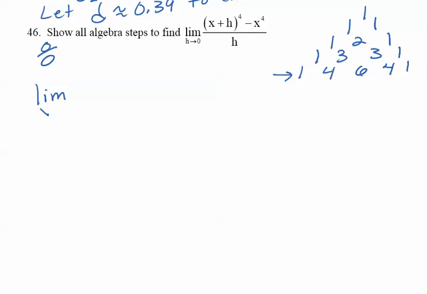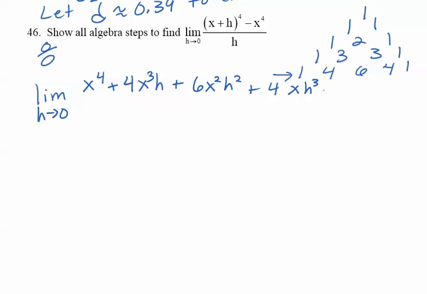It's not difficult, just be careful that you expand your binomial correctly. So our powers on x start out at the maximum: 1x to the 4th, h to the 0, plus 4x to the 3rd, h to the 1, plus 6x squared, h squared, plus our next coefficient, 4x to the 1st, h to the 3rd, plus our coefficient is 1, x to the 0, h to the 4th.